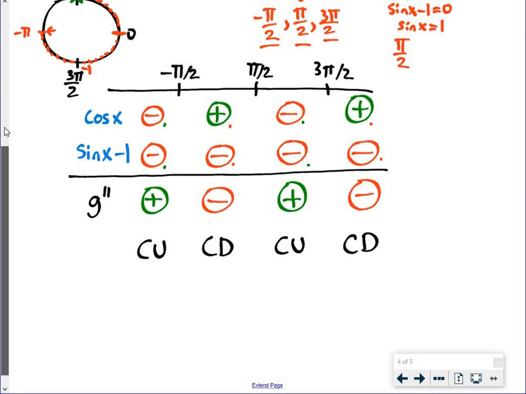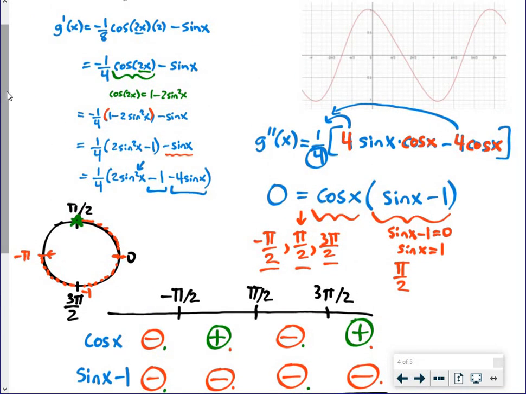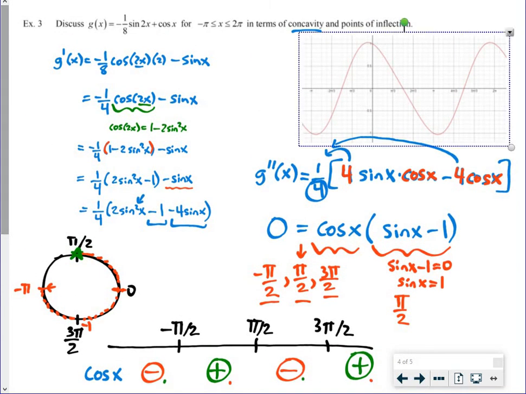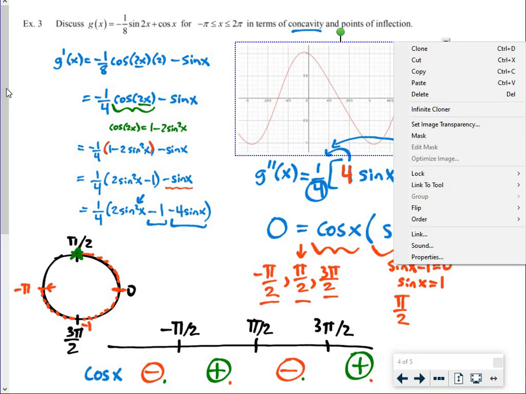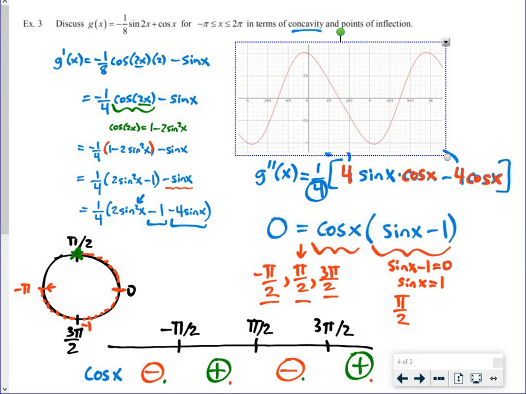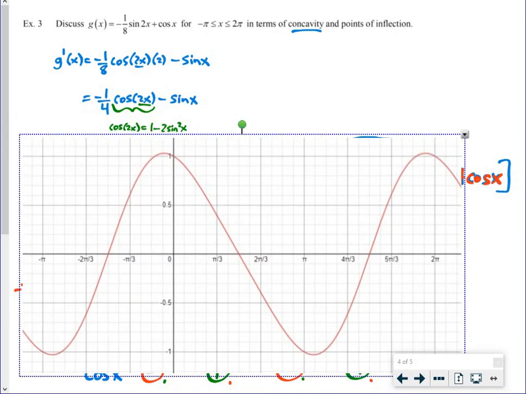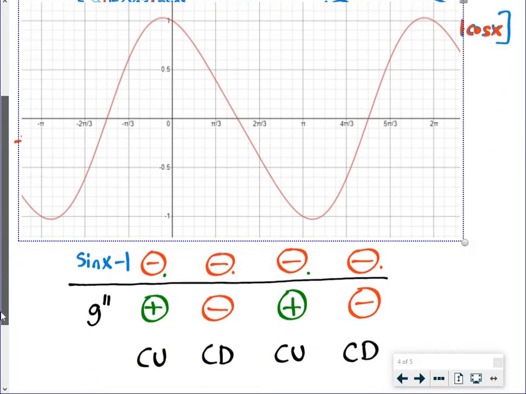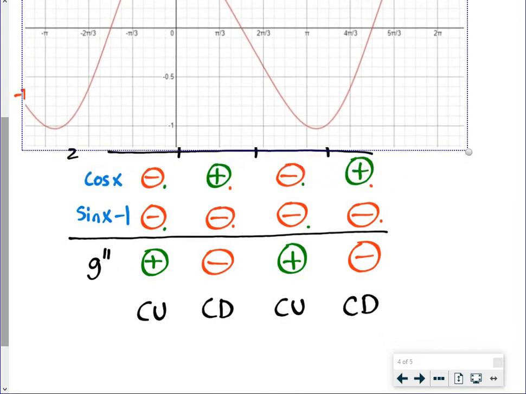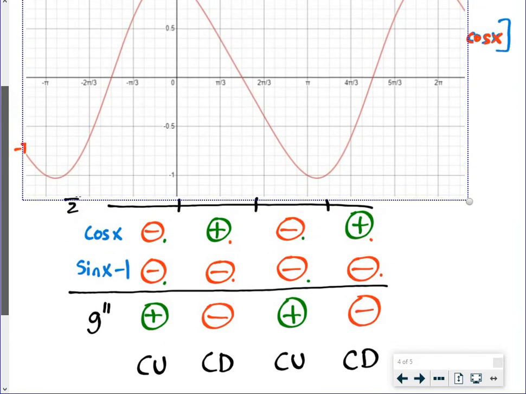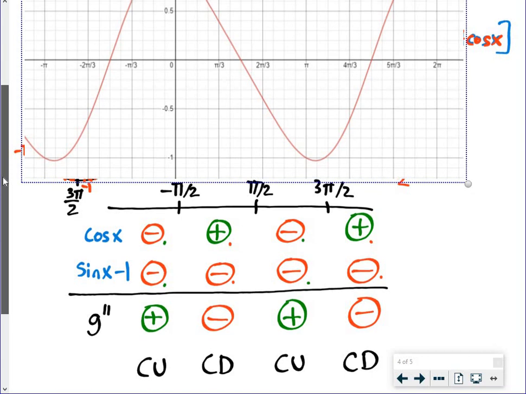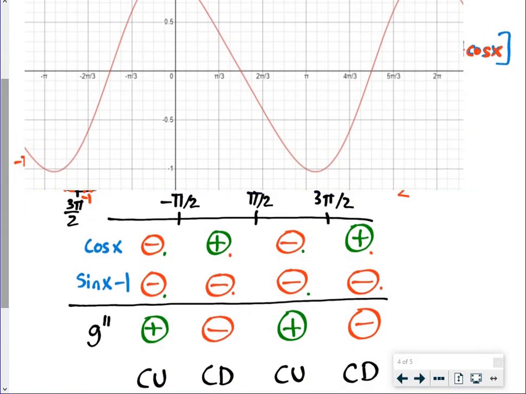All right, let's have a look at our graph that I already did on Desmos. Let's compare to the work that we have here. Okay, so we're concave up to the left of negative pi over 2.